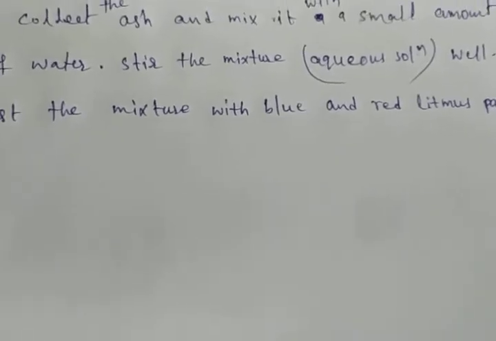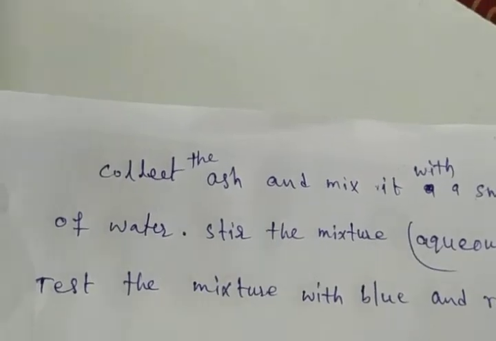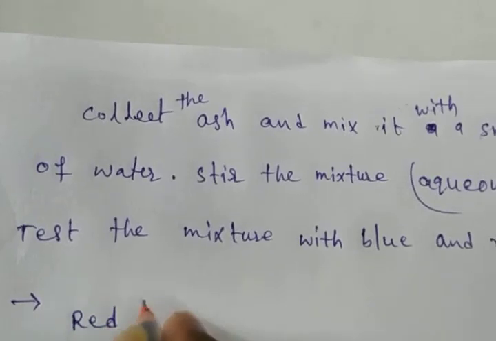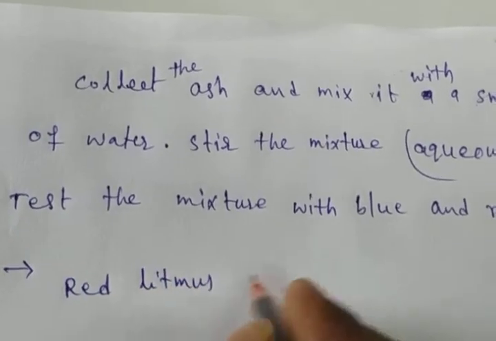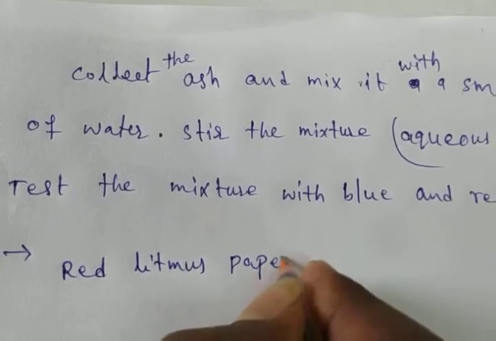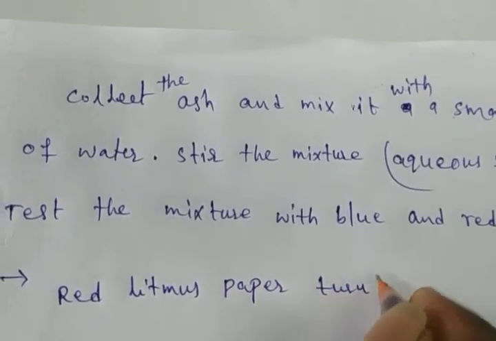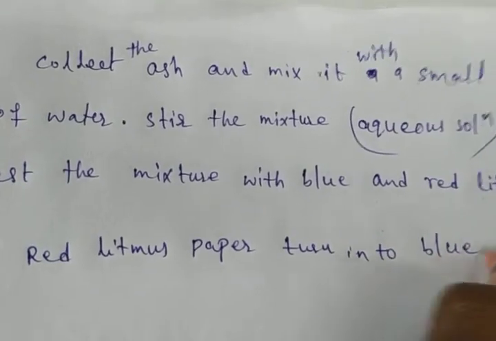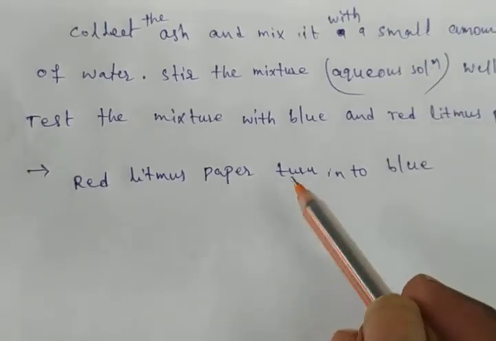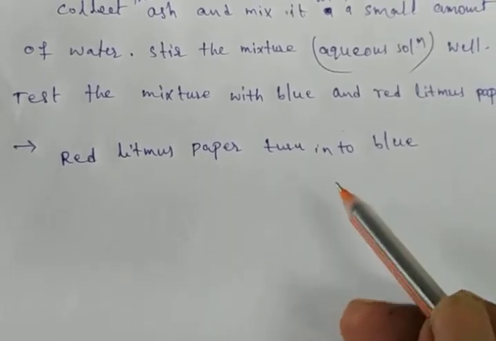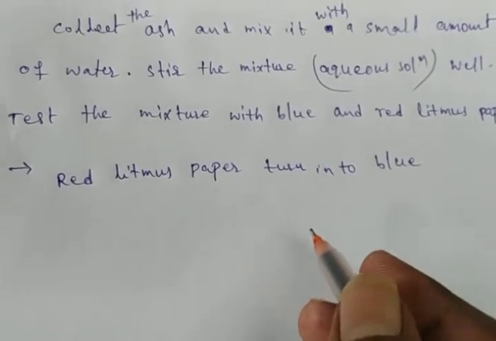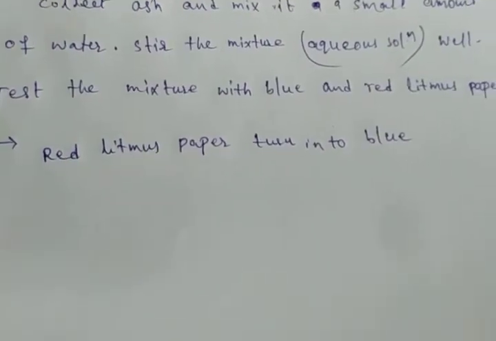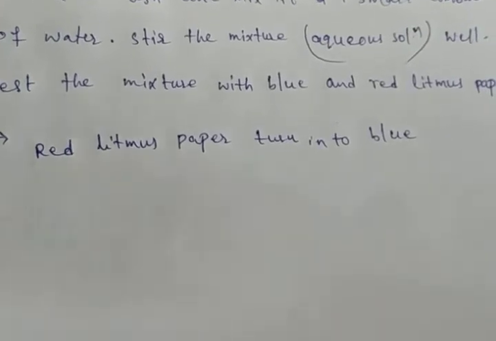How will it change? Here, red litmus paper turns into blue. So based on this test, what do we have to understand? Here red litmus paper turns into blue.